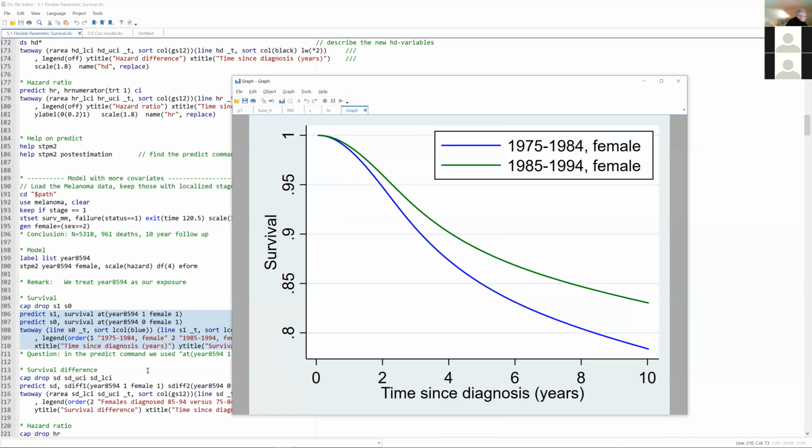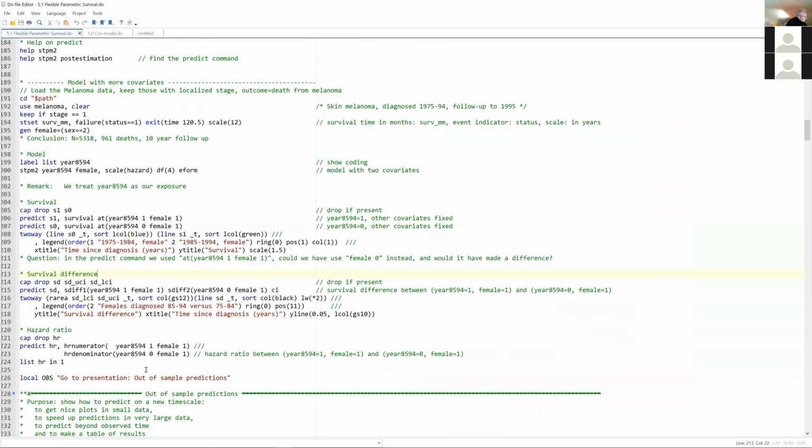And let me show you the same thing for the hazard ratio. I predict the hazard ratio. I set my hazard ratio numerator to year equal to 1 and female equal to 1. And I contrast that to the denominator, year equal to 0, and again, female equal to 1. So the contrast is again only on the years.